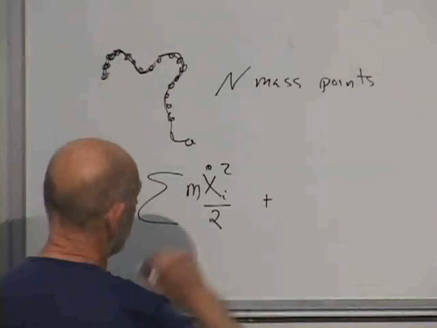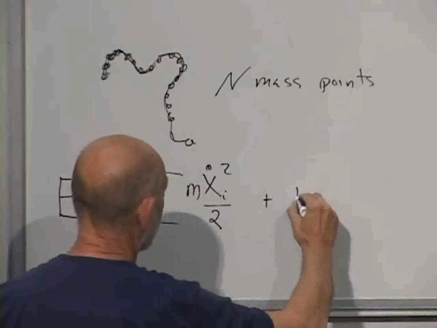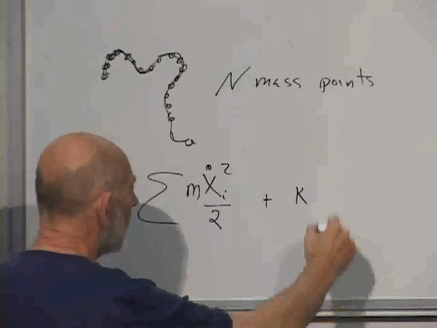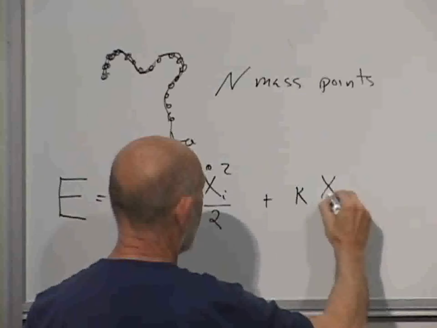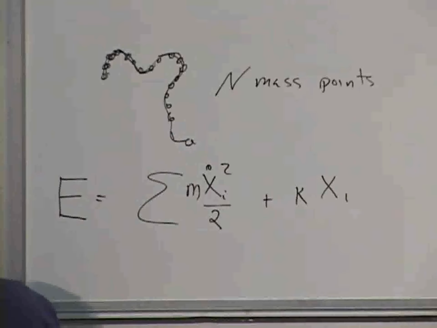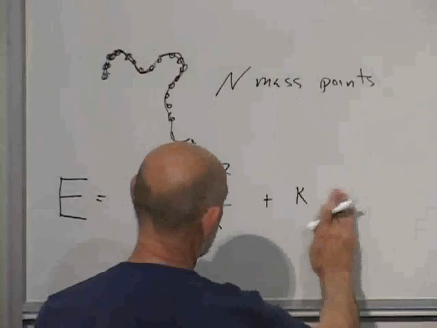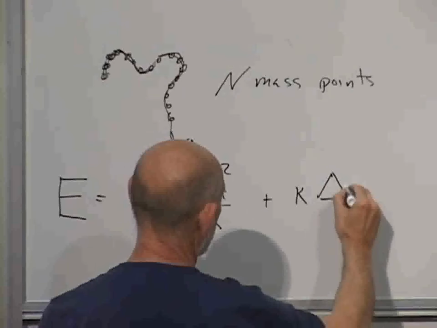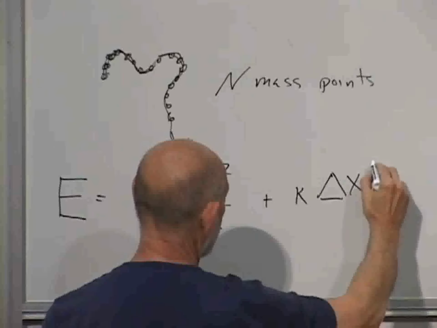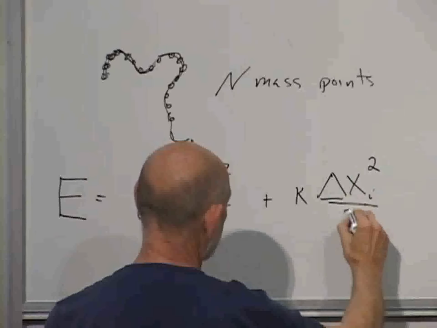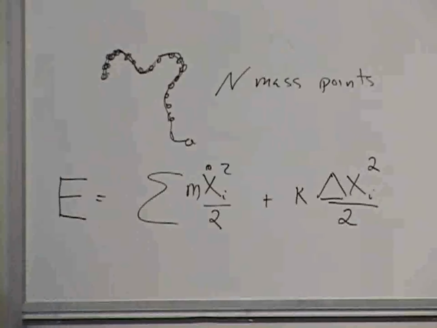The potential energy is something like kappa times delta x_i squared over 2, where kappa is the spring constant of the springs between neighboring mass points.